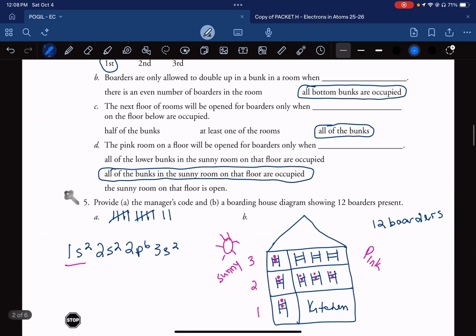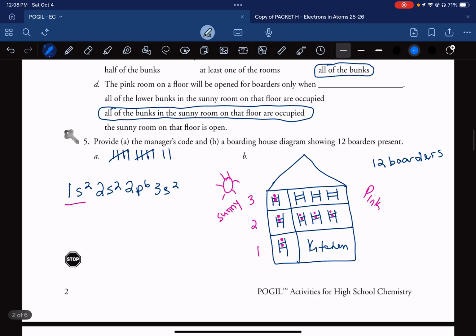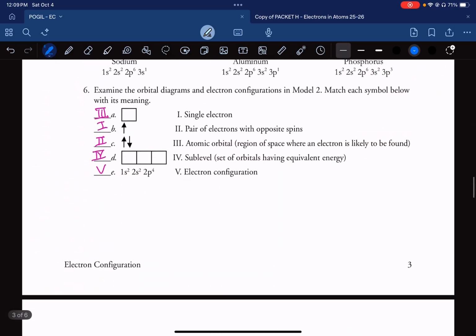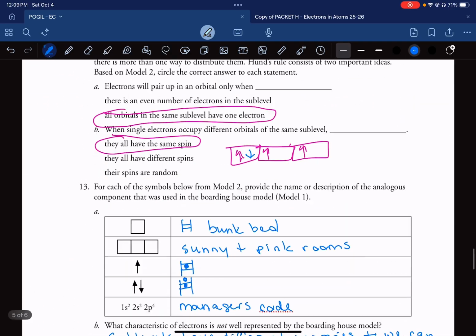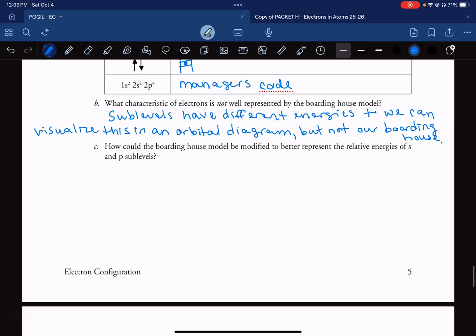Electrons are going to occupy a p orbital only after the previous orbital is completely full. We have to fill from the lowest level first.